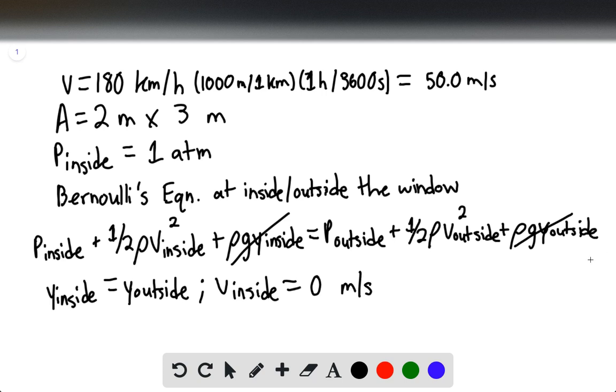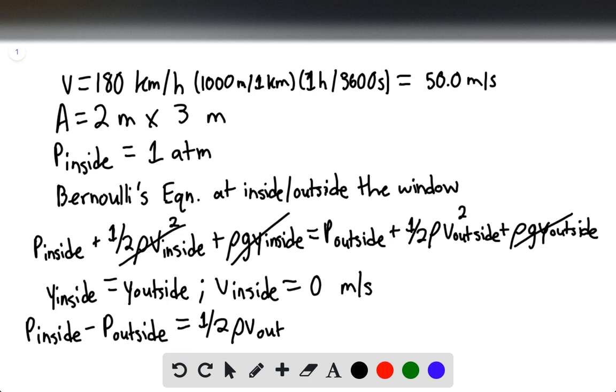So we can also eliminate this term. And we finally have that P inside minus P outside, which in this case would be the pressure difference, would equal 1/2 rho V outside squared.